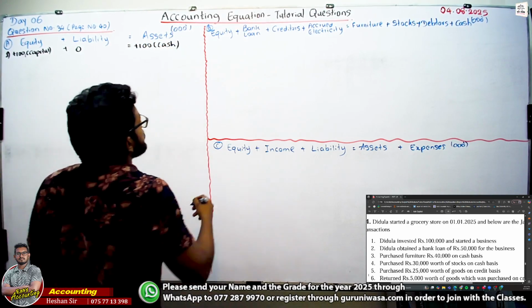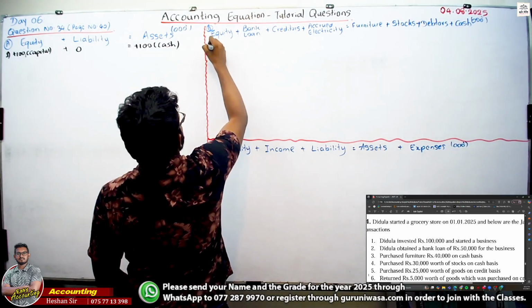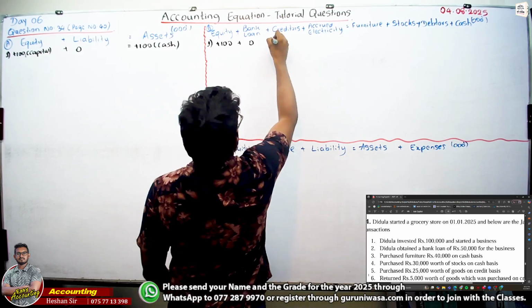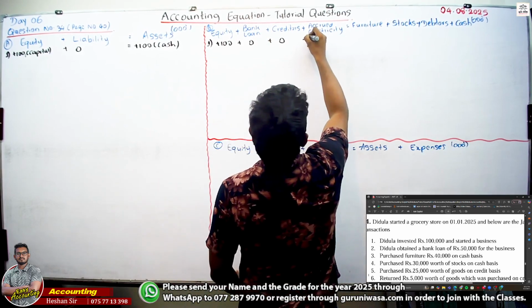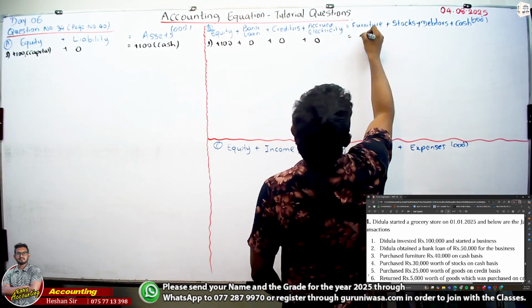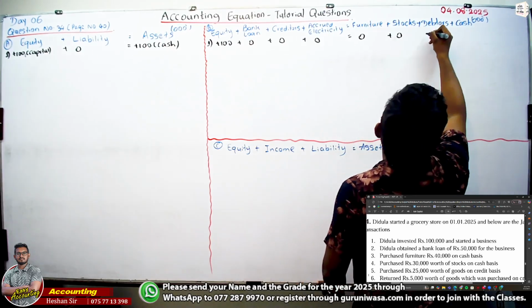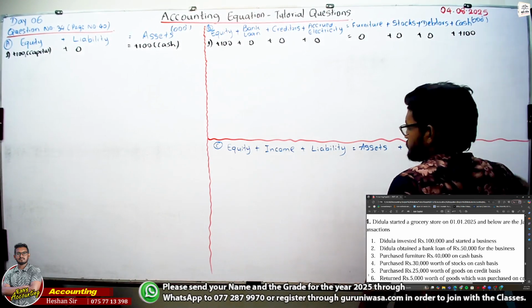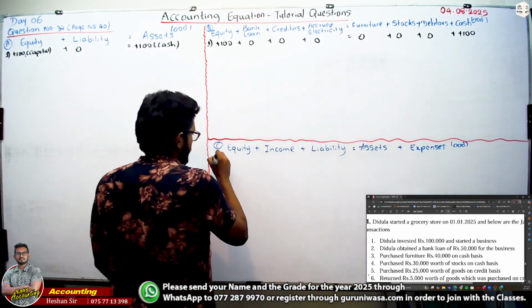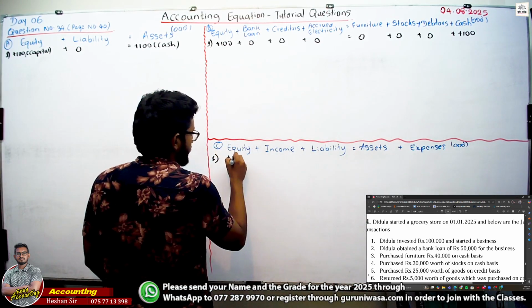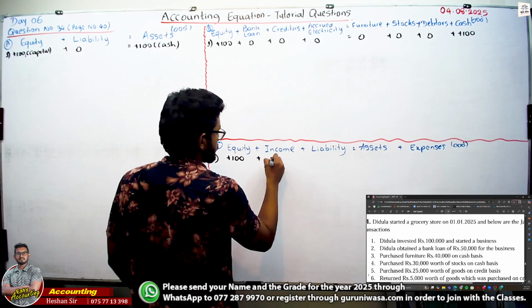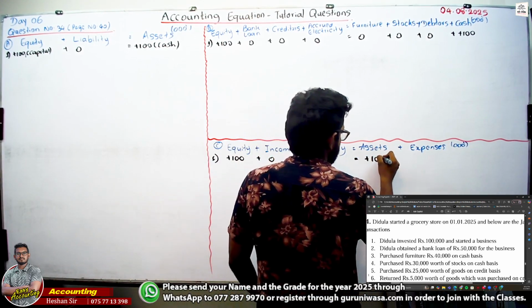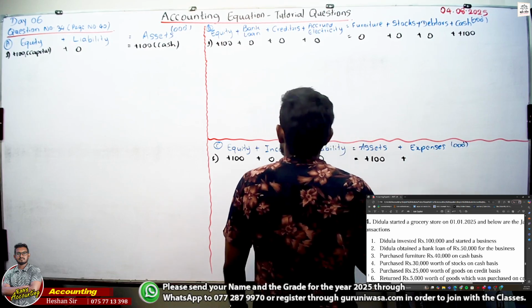In here, equity increase 100,000, furniture 0, stock 0, debtor 0, cash increase 100,000.